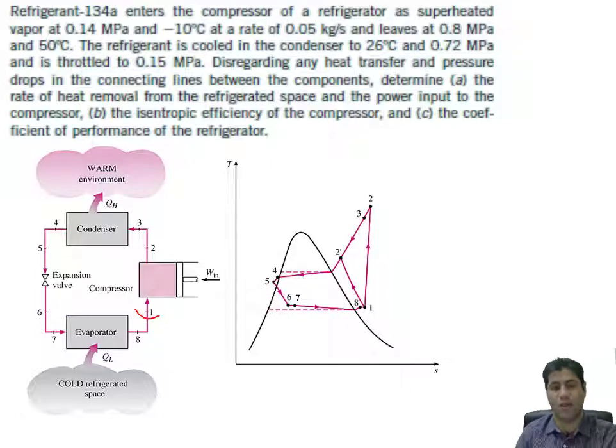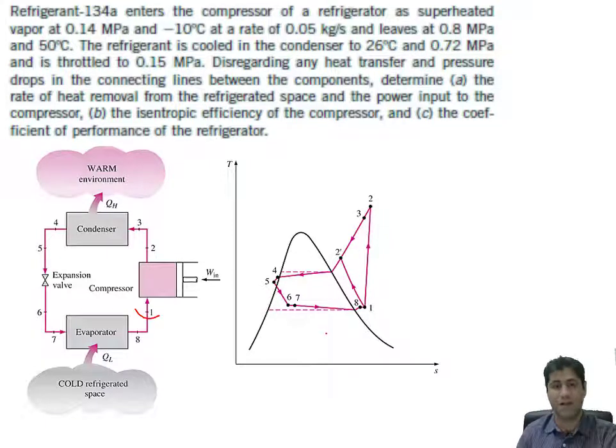But now, here is at the entrance of the compressor, and here is at the exit of the condenser. Now it is shown by state 4. And also, from state 4 to state 5, we had some pressure drop and temperature drop due to the heat loss or heat transfer or pressure drop in the connection.